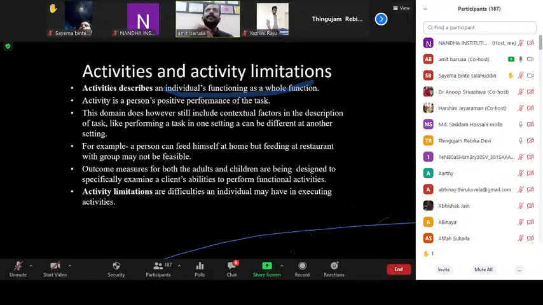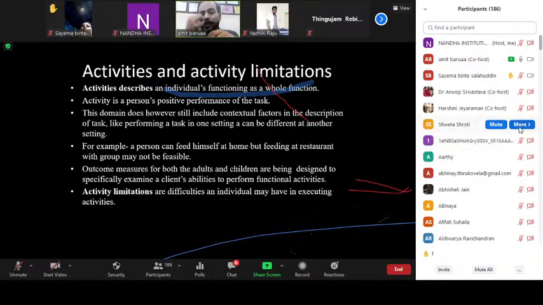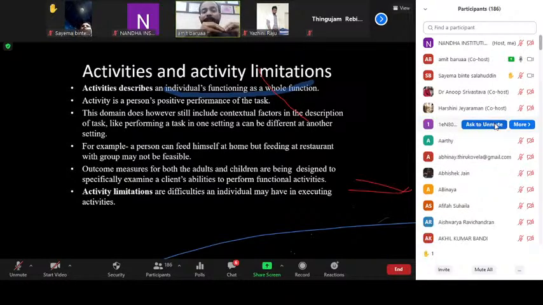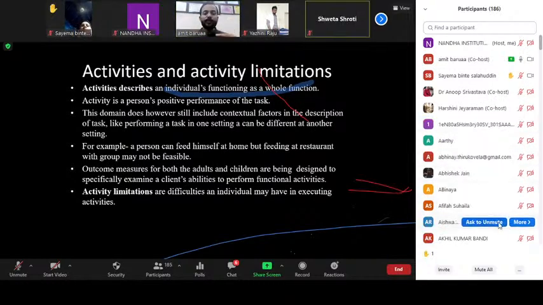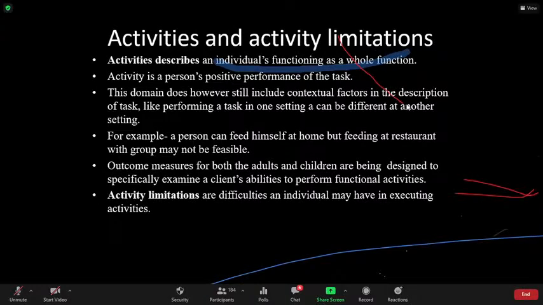For example, he can sit with minimum support. And what about the activity limitation? He can't sit independently. That's what we write. In these two sentences, I write that he can sit with maximum support, and in the next, the activity limitation, that he can't sit independently.